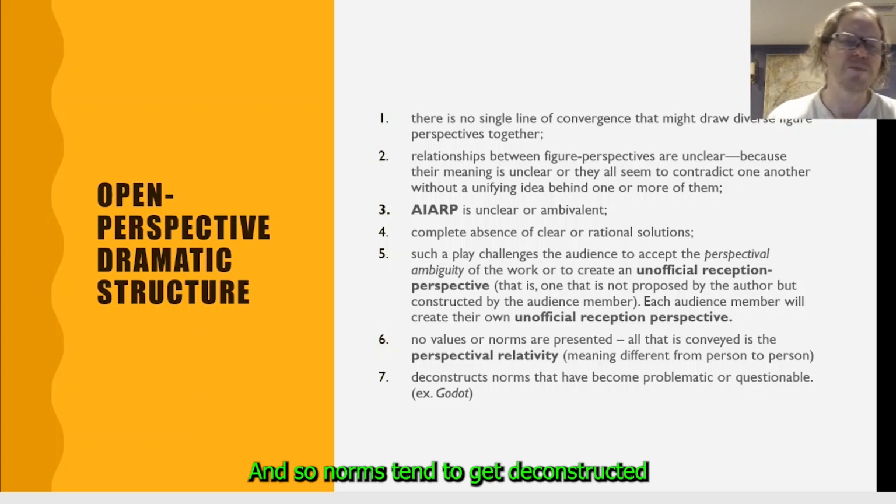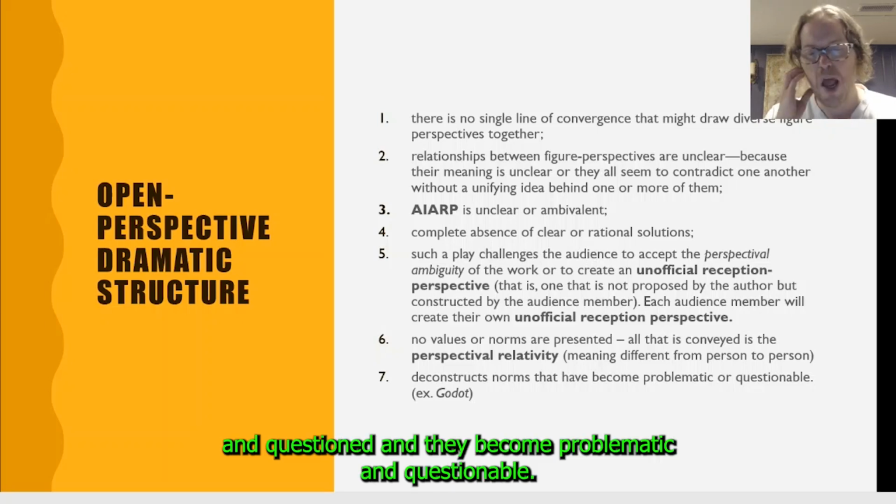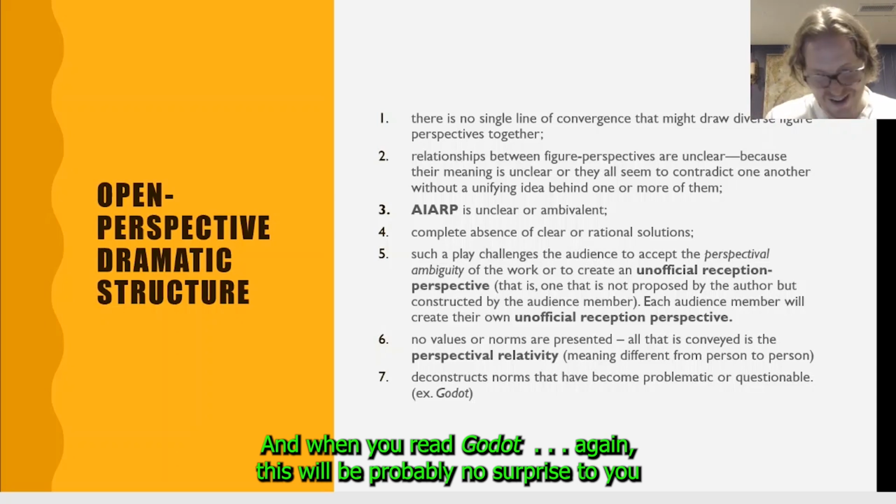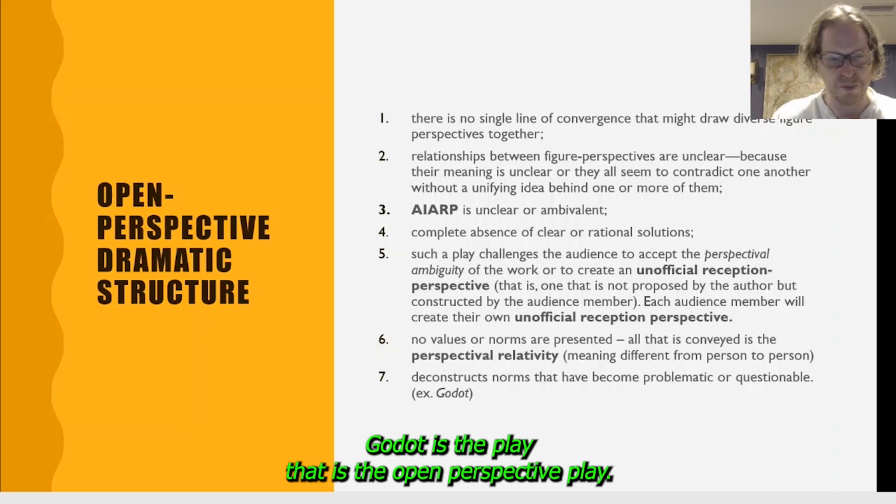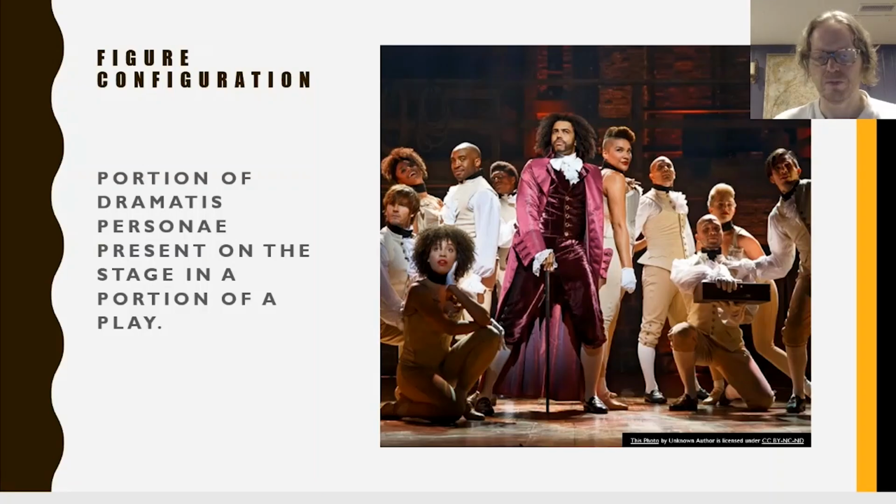And so norms tend to get deconstructed and questioned, and they become problematic and questionable. And when you read Godot, again, probably no surprise to you after the last couple lectures, Godot is the play that is the open perspective play.